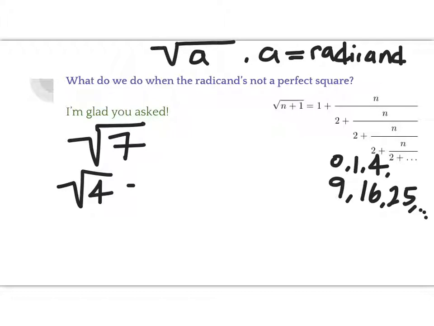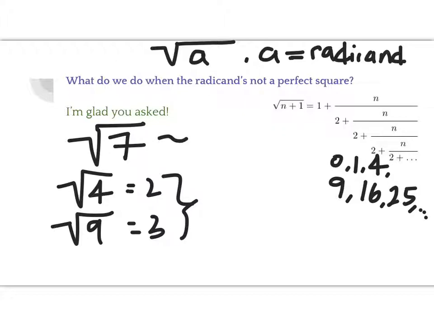Square root of 4 equals 2. The square root of 9 equals 3. So we would estimate, using both of those, that the square root of 7 would be about halfway, or 3.5. So that is how we estimate.